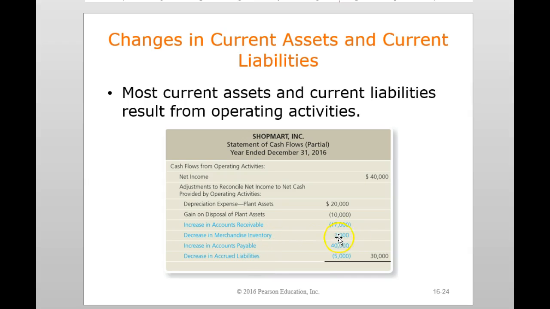There's no money involved in this, right? We've just added it into the inventory. Here's an increase in accounts payable. We're going to add that, and then a decrease in accrued liabilities. We're going to deduct that. And again, please go to the book and get the page that shows how to handle these.